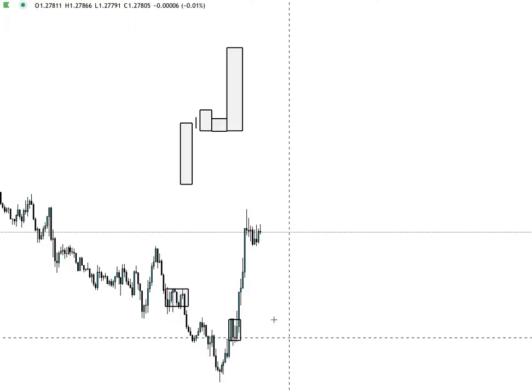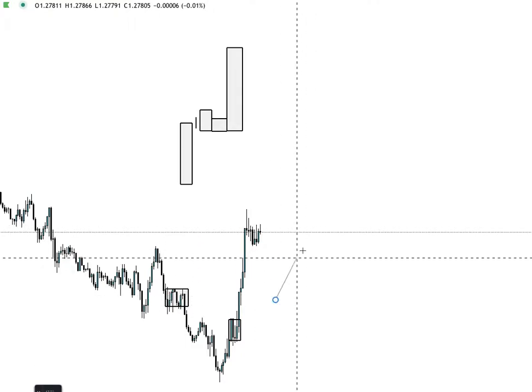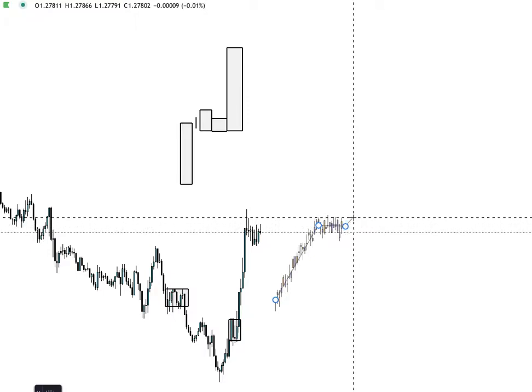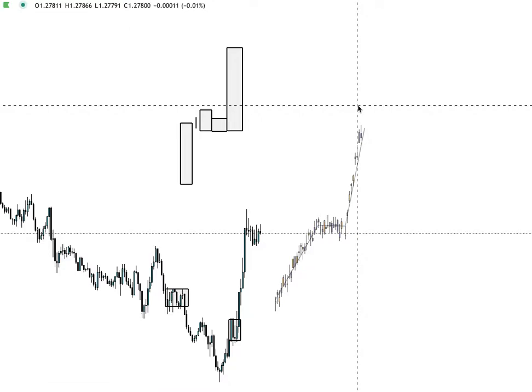So, yes, we would have our rally. Let me get this right. Our rally base, right? Now, what we want is to see a nice clean move away, what I would call extended range candles, right?